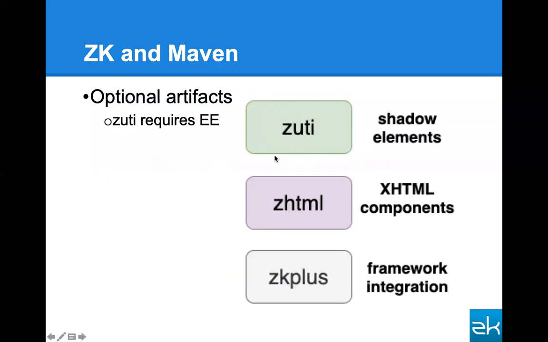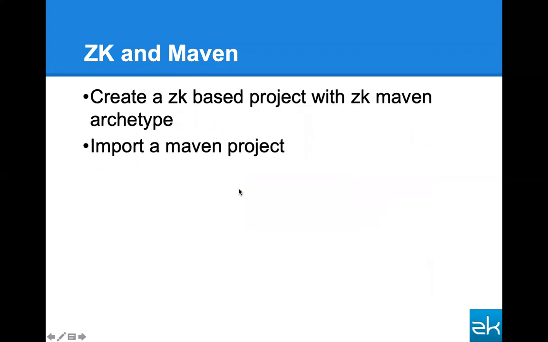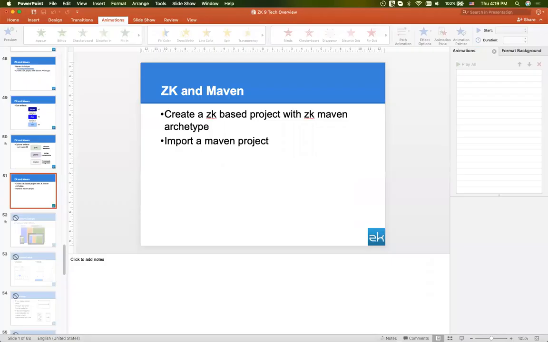It depends on which one you want to use. You don't have to include them, like if you want to use shell element, XHTML components, or some framework integrations. Okay, so it depends. So we recommend you to use Maven.